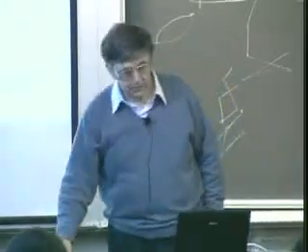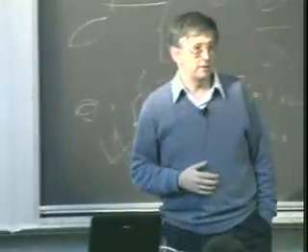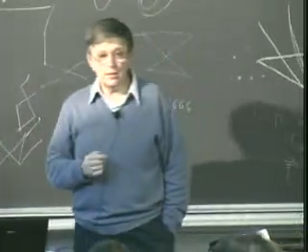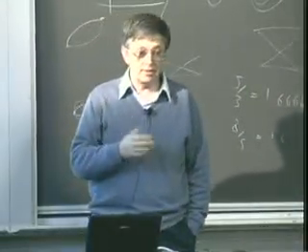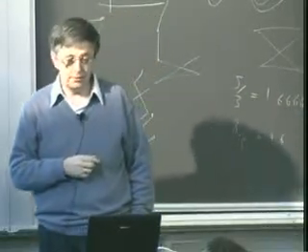But that's fine, but are there inequalities? And now you begin to look around and you find that there are many interesting inequalities which correspond to various simple facts about graph theory.